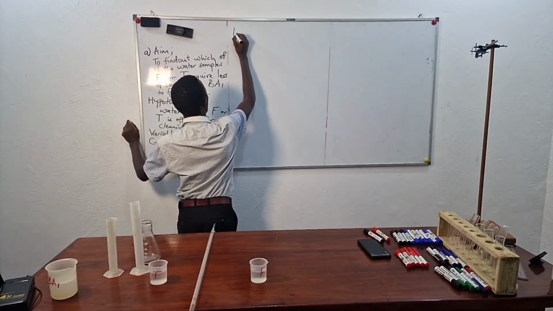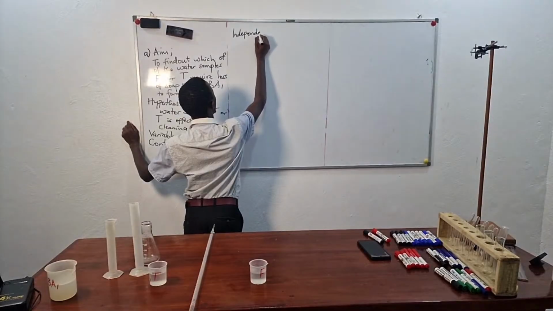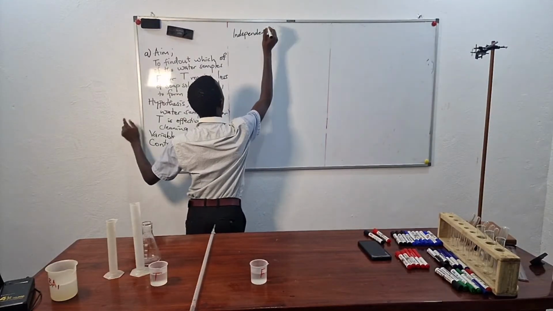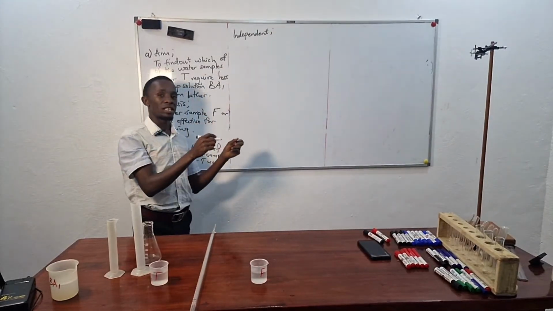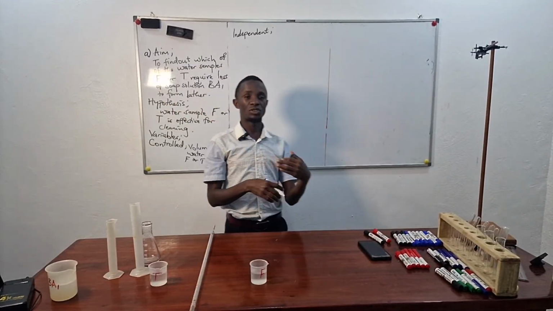Then the independent variables are those variables we change so that we can get results. We keep on changing so that we can get results.